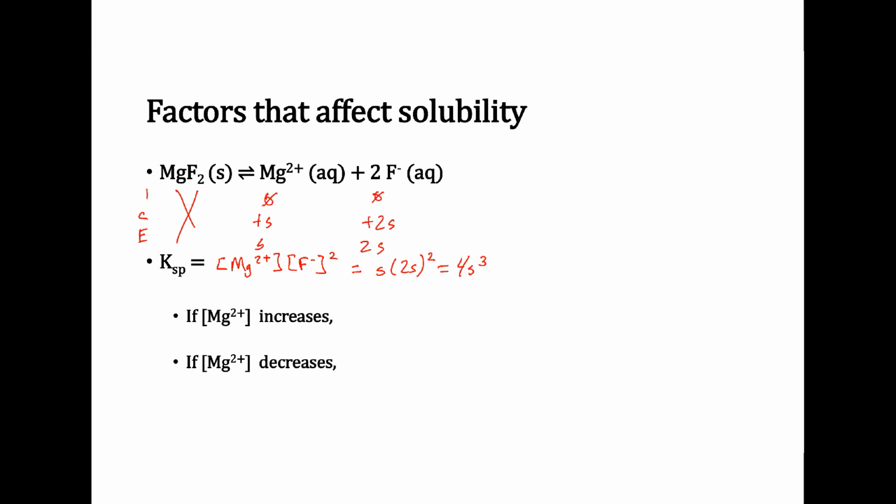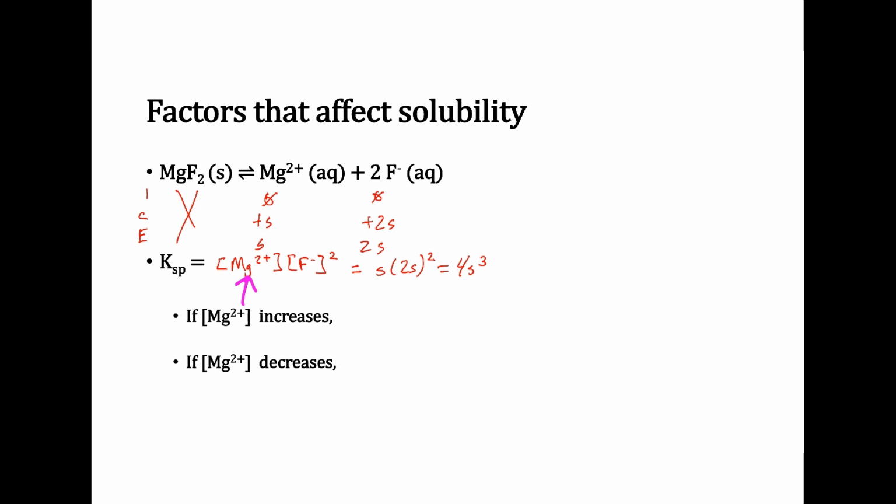So the questions now that we have our solubility product. So if magnesium 2+ increases, what happens to the solubility? Well, think back to Q's and K's, okay? If this thing is at equilibrium, and then we are increasing the concentration of this.